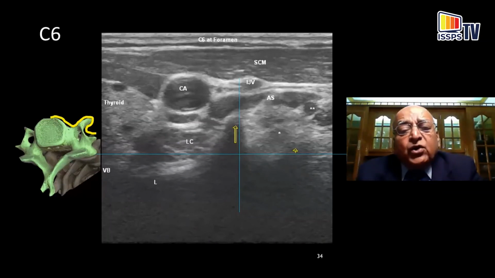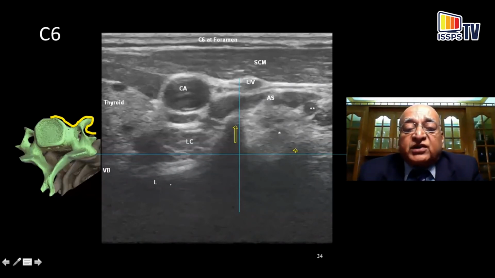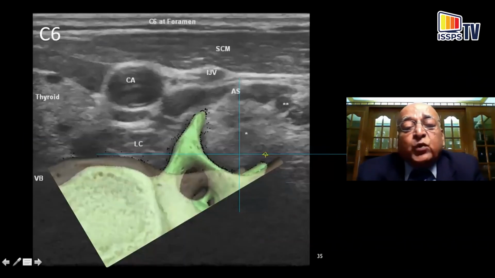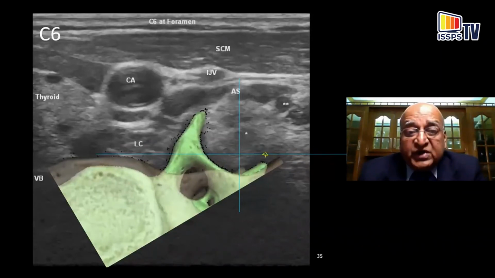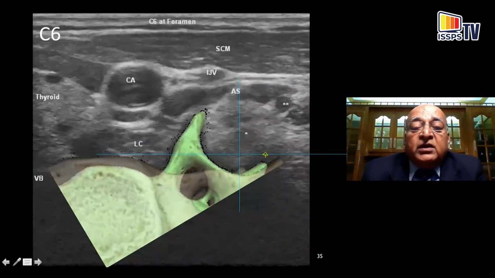A way to correlate that would be to outline the bony structures, which would appear as hyperechoic, and then you have the acoustic shadow beneath it, which will help you to identify the structures much better. The other way of looking at it would be to superimpose, like I said before, a structure that you know onto what you have here, and this is how you would correlate the images.